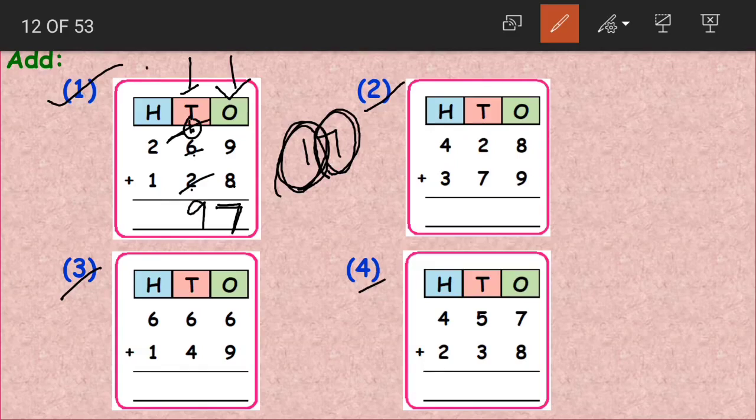Yes children. Now lastly in the hundreds place we have 2 plus 1. 2 plus 1 becomes 3. So the sum of 269 and 128 is 397.